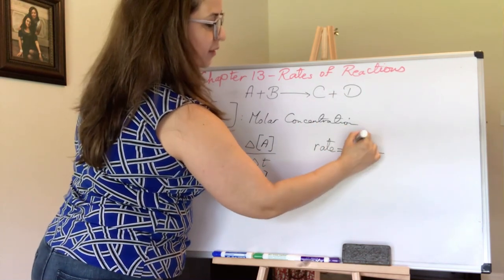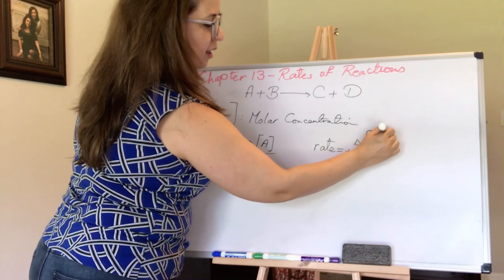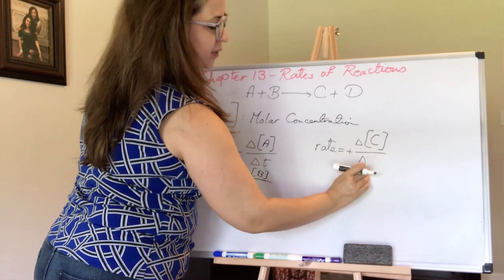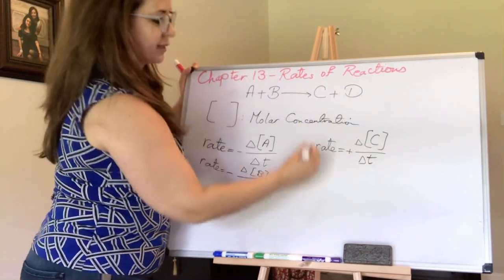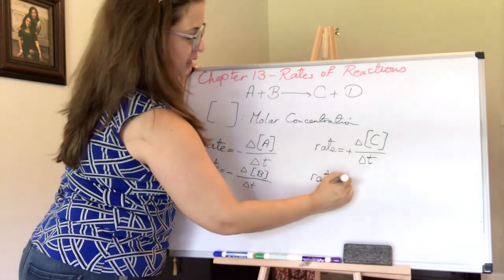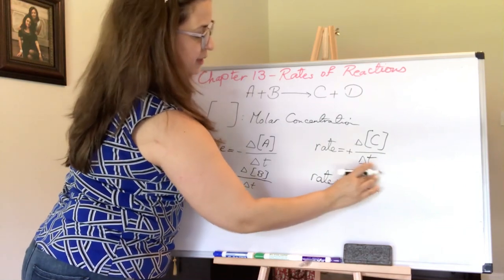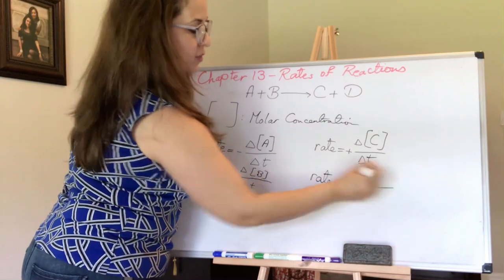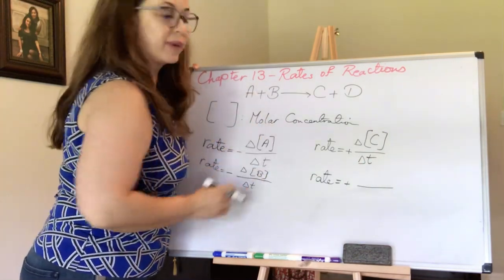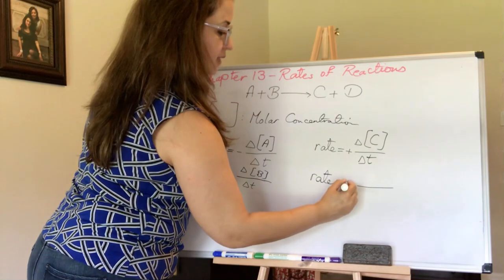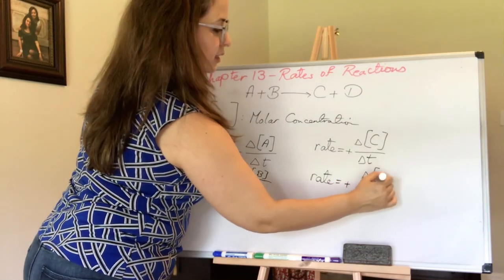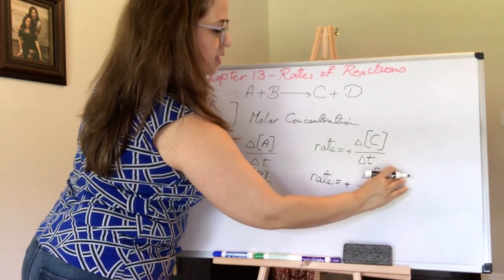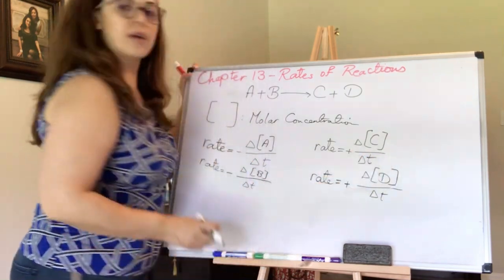So it's positive delta C over delta T. Or similar for D, if you want to write it, it's positive. You can eliminate positive, but you cannot eliminate negative. So make sure you show negative, but it's okay if you eliminate the positive sign. Delta concentration of D over time. All right, that's how you write the rate.